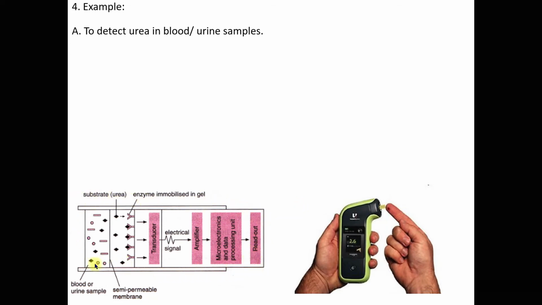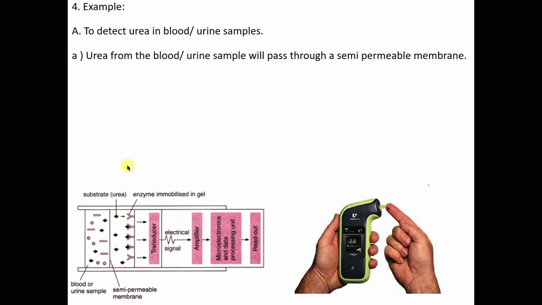This is the part of the biosensor where you place your blood sample or urine sample, and this is the region where we have the immobilized enzyme, or receptor.